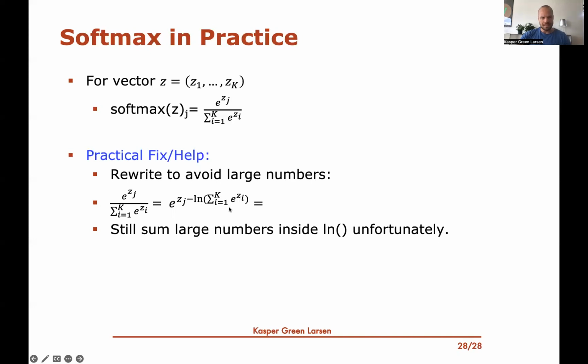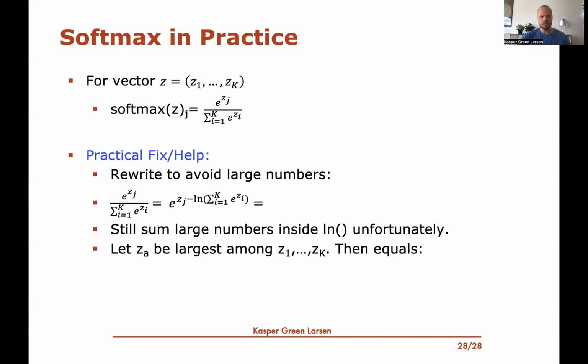Now, of course, we're still summing really large numbers inside this log, and then we're taking the log, so we'll still lose precision if we just do this. But we can do another trick here. Algorithmically, we can look at these k numbers that we're summing and pick the largest one of them, let's say this is z_a. Then we can move this e to the z_a factor outside the sum.